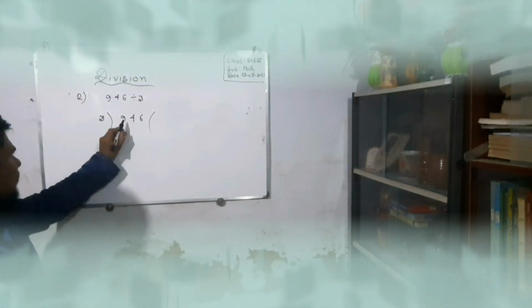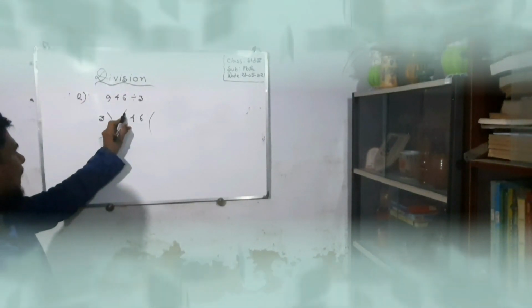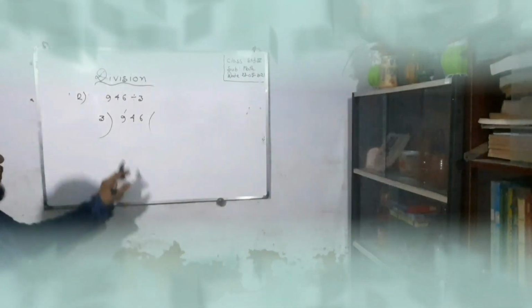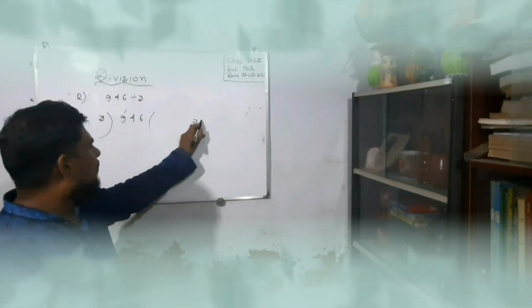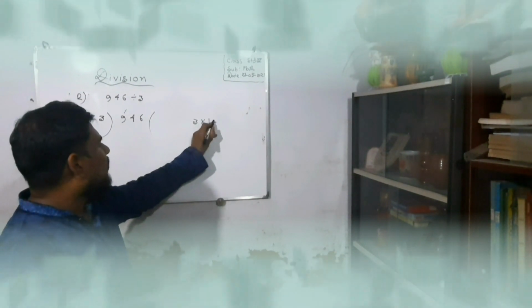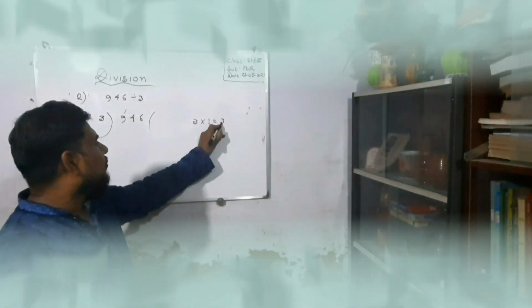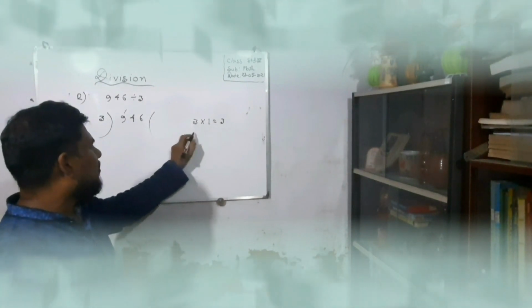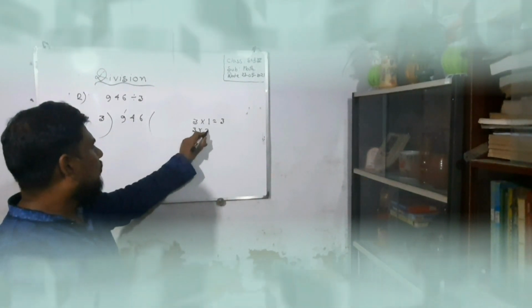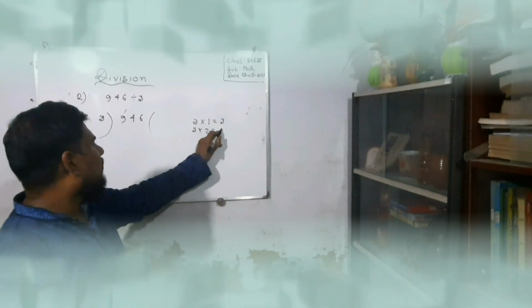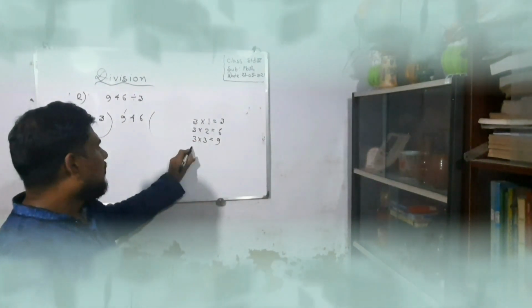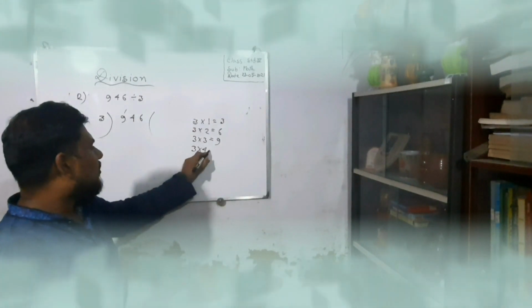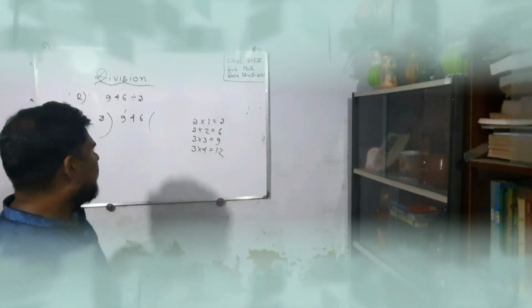At first we can count 9. For 9 we can multiply, you know the times table. 3 into 1 equals 3, 3 into 2 equals 6, 3 into 3 equals 9, 3 into 4 equals 12.